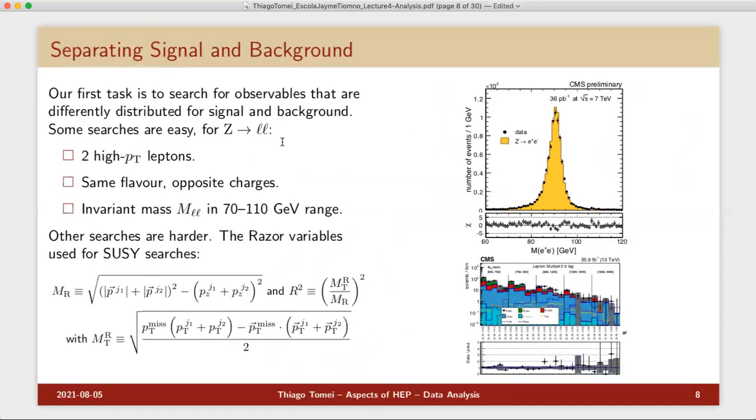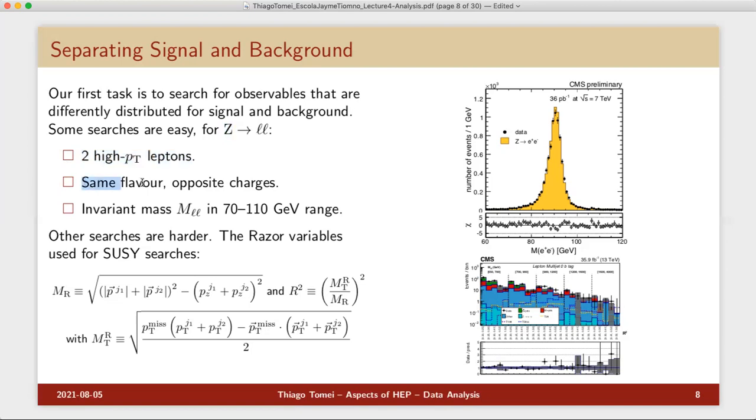Okay, how do I do that in practice, Thiago? You have to search for observables that are distributed differently for signal and background. For instance, for Z to LL is easy, right? If you want to search for the Z decaying to leptons, the Z has 90 GeV. So usually this much mass will be shared in the form of energy for the leptons. So they will be high PT leptons.